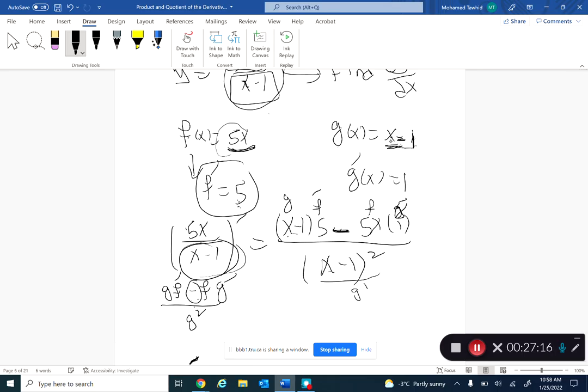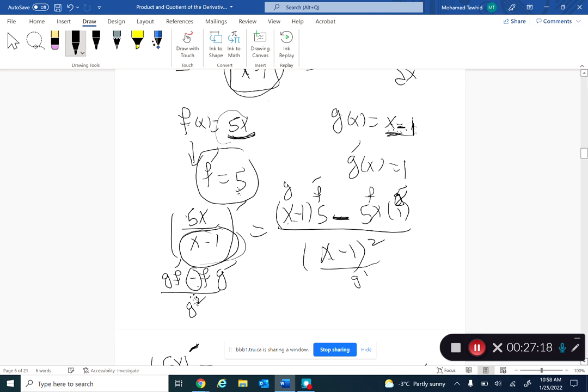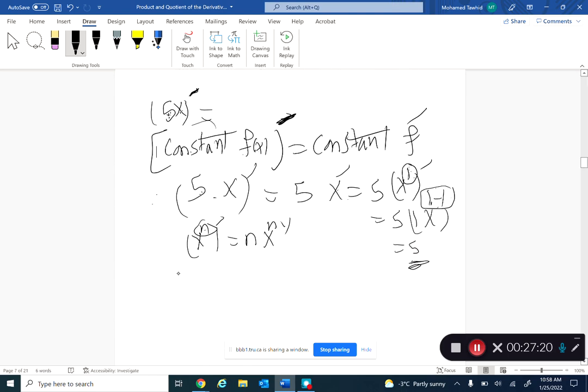Likewise here, what is the derivative of x minus 1? What do you have in the middle? Minus. If you have minus or plus in the middle, take the derivative term by term. So the derivative of x minus the derivative of the second term. What is the derivative of x here? Look what you have. What is your x? x to the power 1, right?